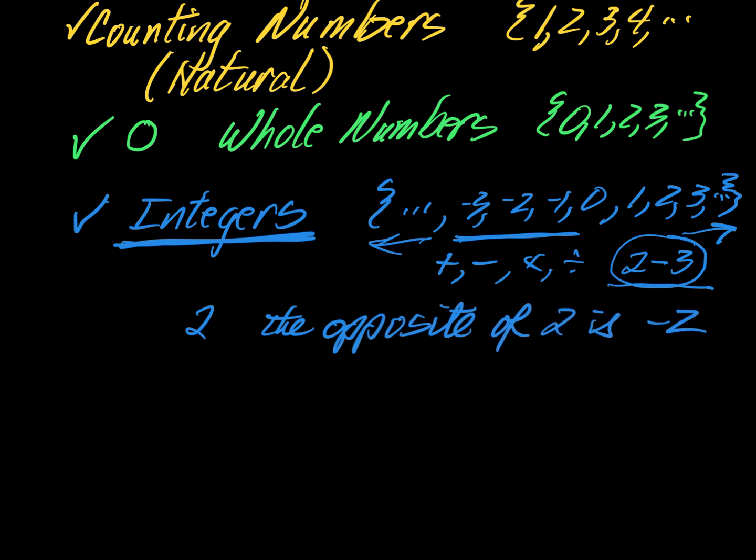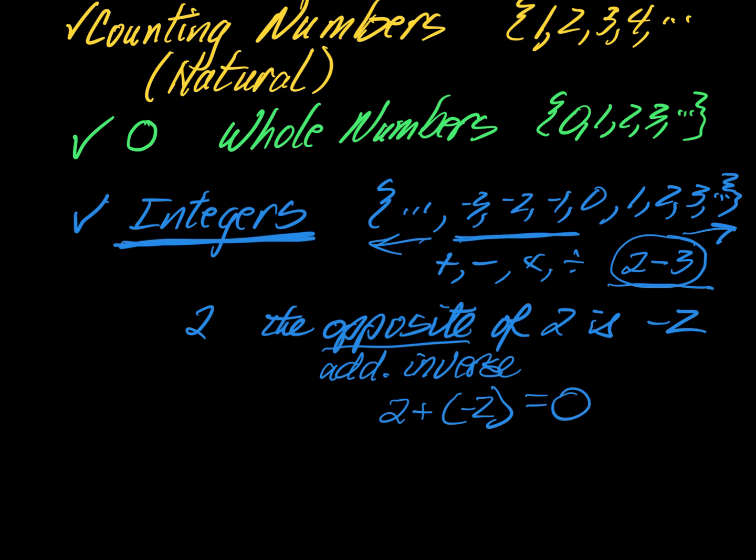And we give them another name besides opposite: we call them the additive inverse. Why do we call them the additive inverse? Because 2 plus a negative 2 is equal to 0. So we start to develop properties with the operations add, subtract, multiply, and divide. And that's why integers become important.